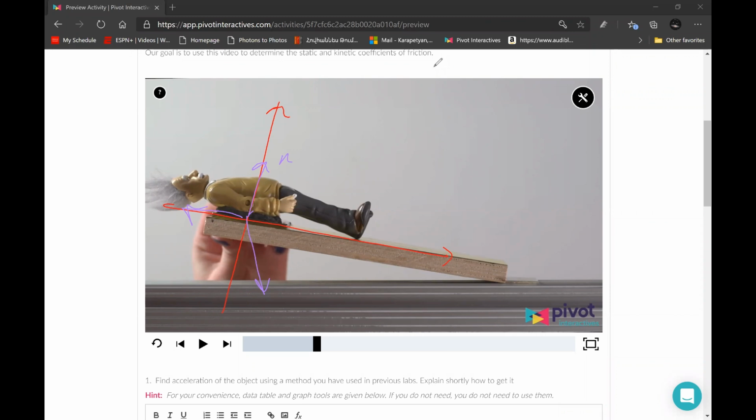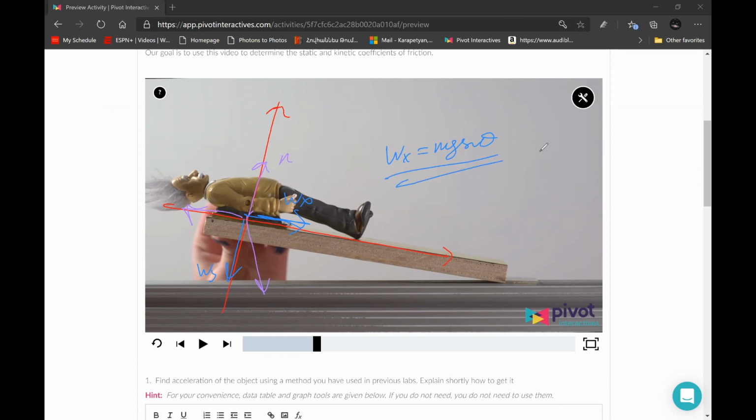Gravity has two components, an x component and a y component. The y component is canceled by the normal force. The x component of gravity is canceled by friction, because friction is strong enough to keep the object at rest. But the x component of gravity equals mg sine theta.